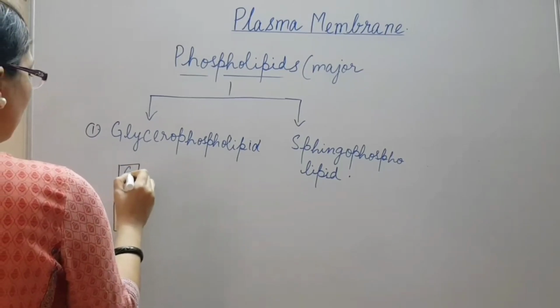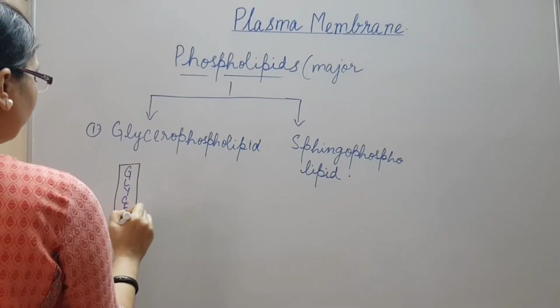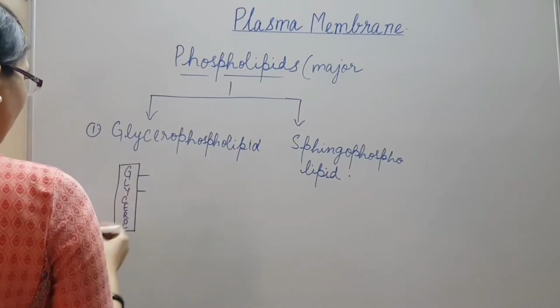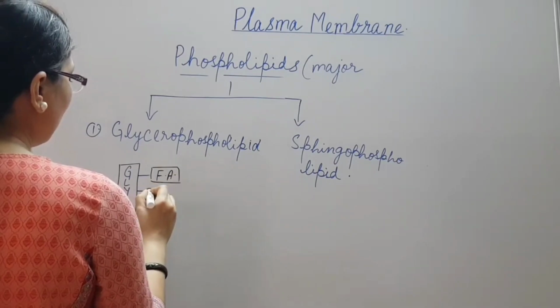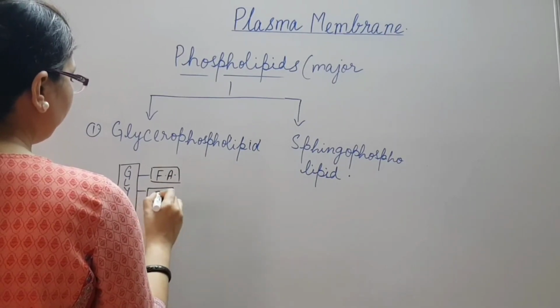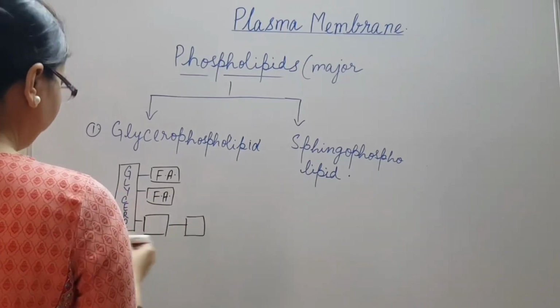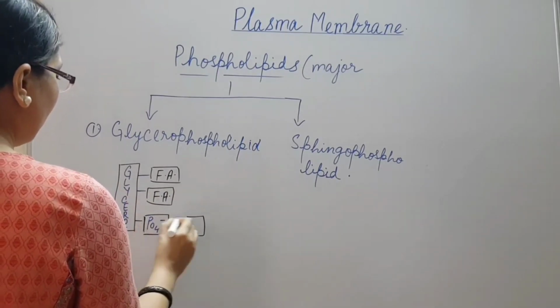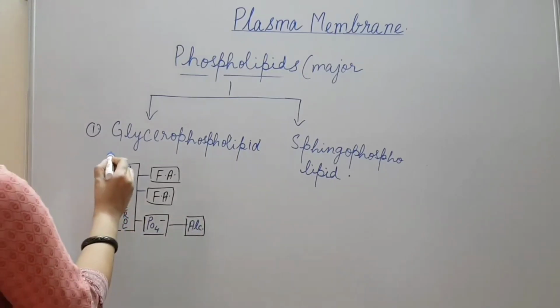The glycerophospholipid consists of glycerol, then two fatty acid chains are present, and phosphate and alcohol are present.